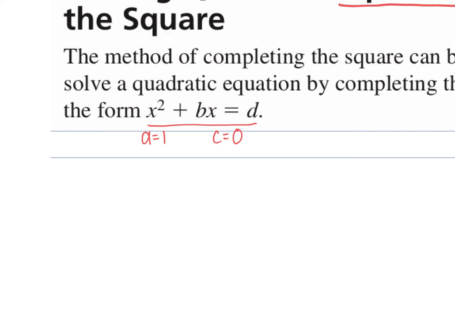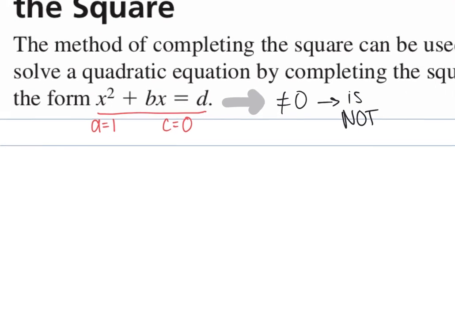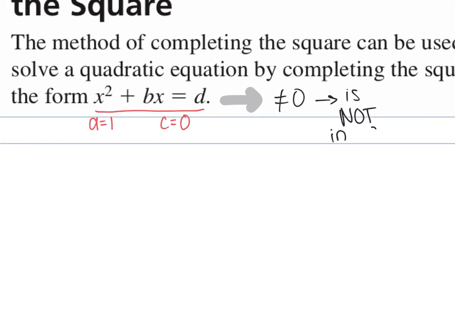Some differences to point out. Is this in standard form? Why not? It's not equal to 0. Therefore, it is not in standard form. Now, contrary to popular belief, when you're using this method, you should not be in standard form.